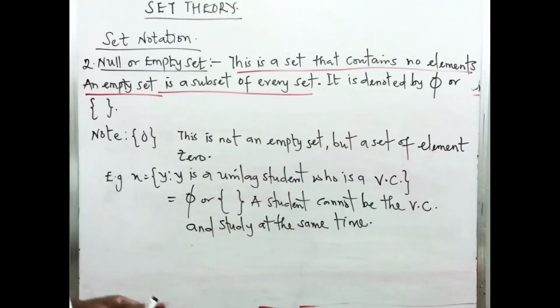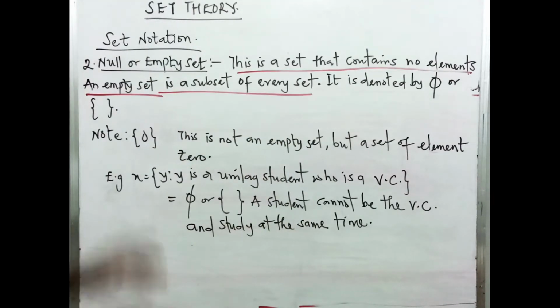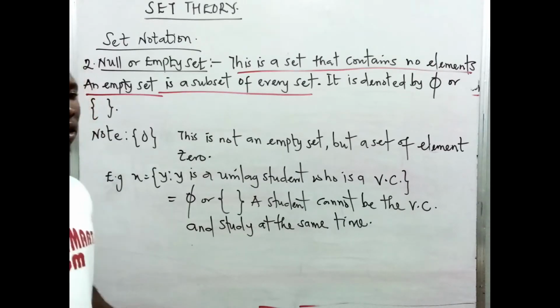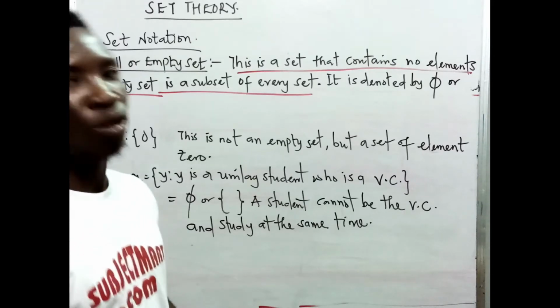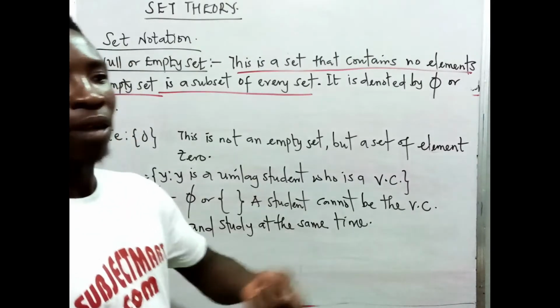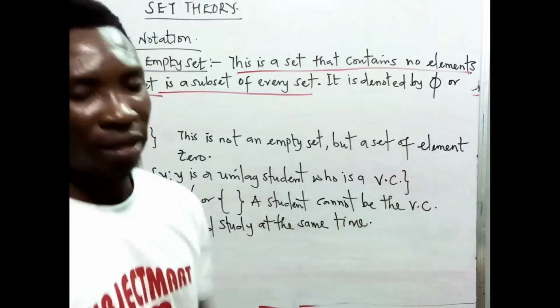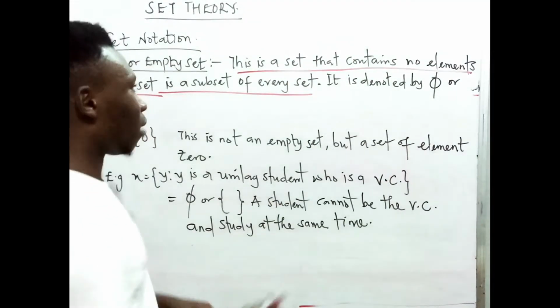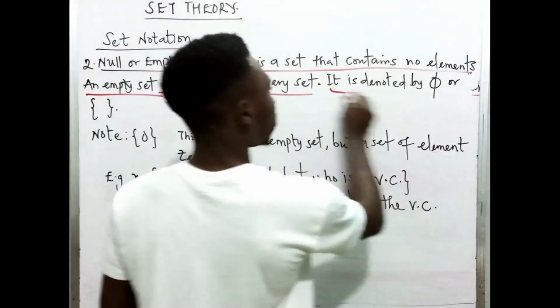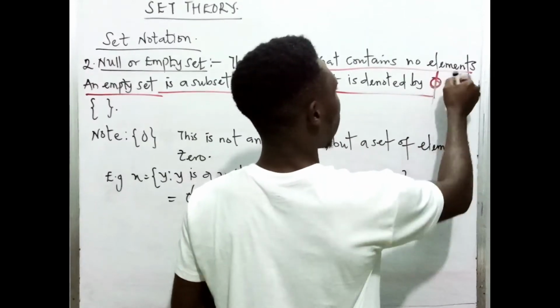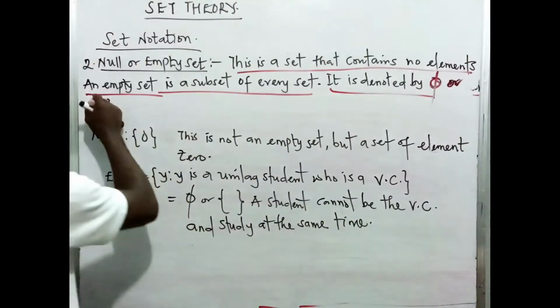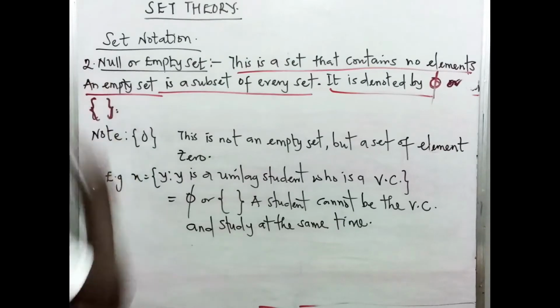Please let us note: an empty set is a subset of every set. So no matter the set you're having, an empty set is a subset. That is, you can bring out an empty set from every set. This empty set is denoted by phi or an empty set symbol without anything.